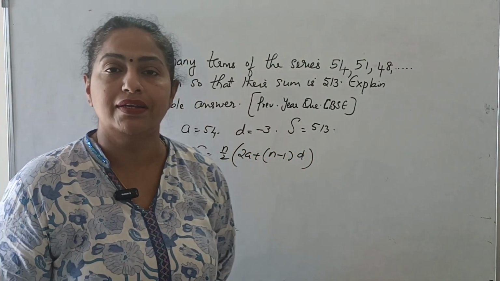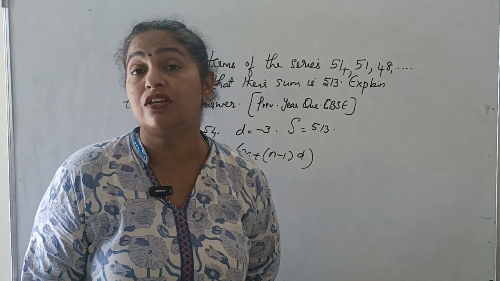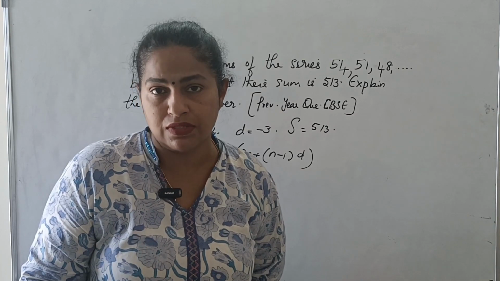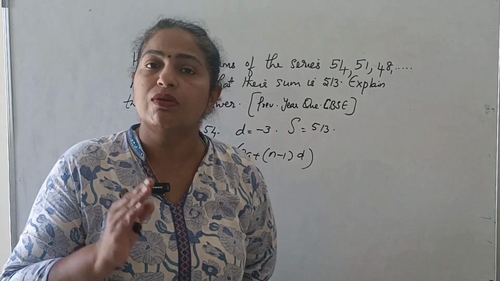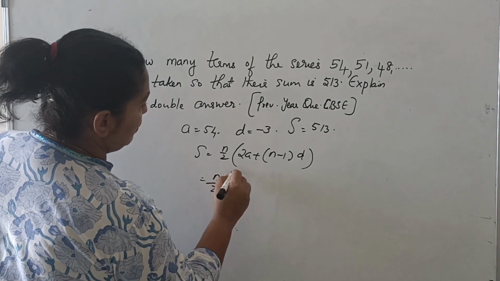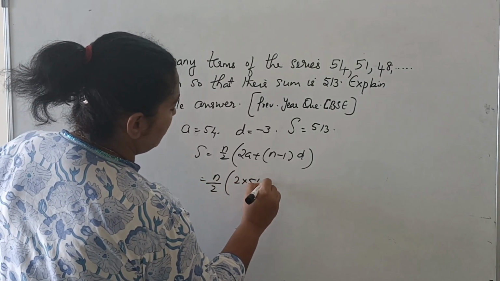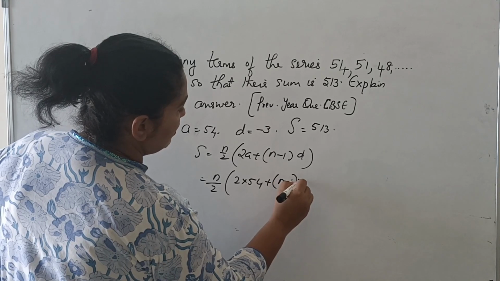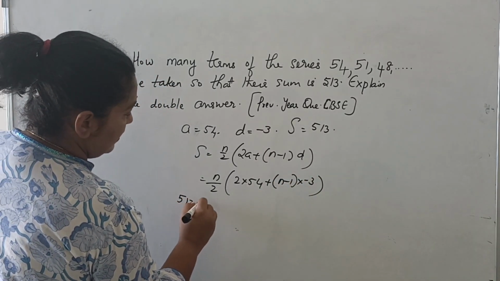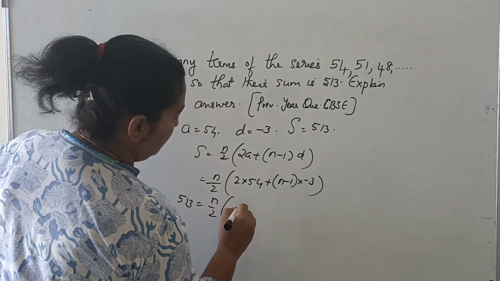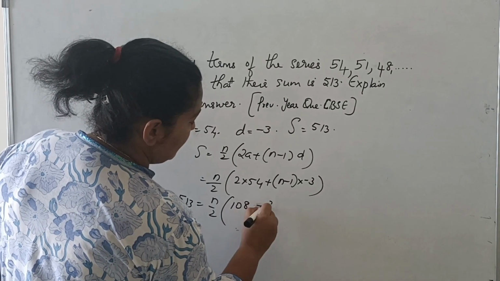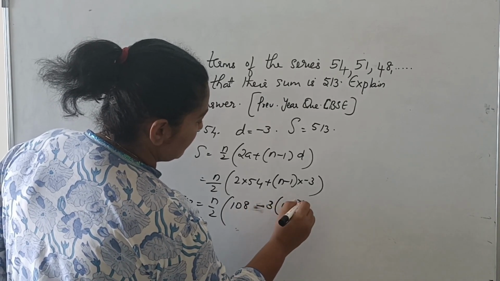We are not taking the second formula because we need to know the last term there. If we don't even know how many terms there are, how can we find the last term? So I am going to use the first formula here. So I get n by 2 into 2 into 54 plus (n - 1) into minus 3. You have 513 = n by 2 into 108 minus 3 into (n - 1).